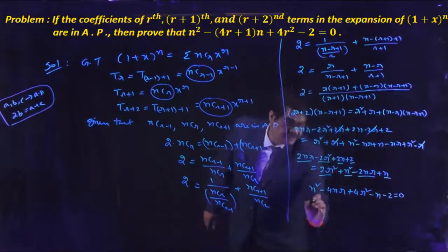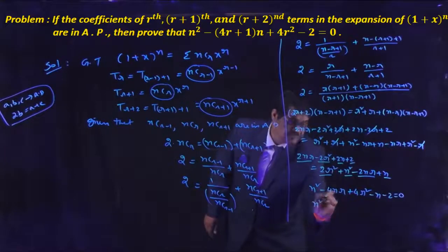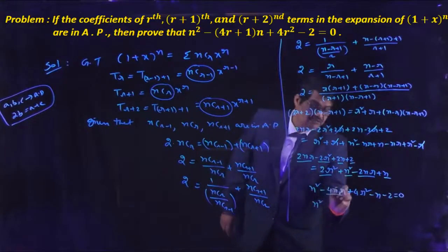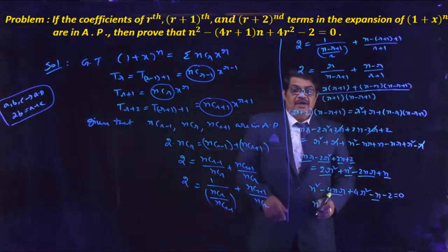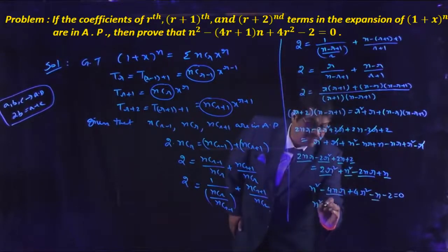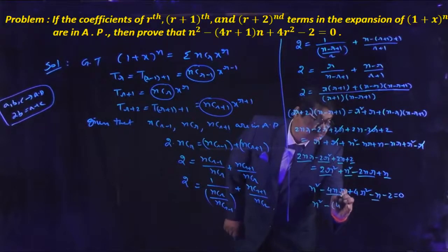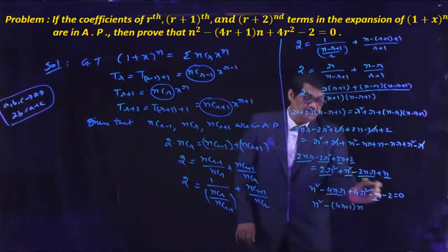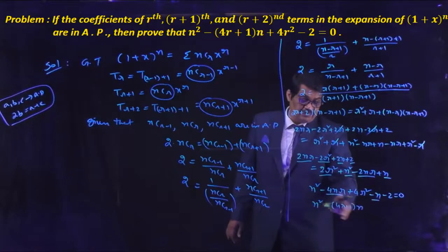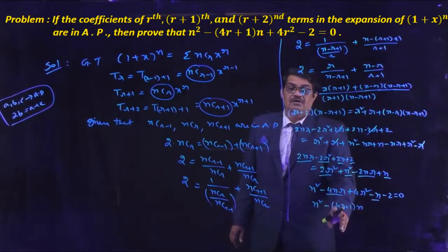Now we are writing here n square. So here minus 4nr, here minus n. Minus n is common, then we are getting 4r plus 1 into n. From these two we are getting minus n common, then 4r plus 1.